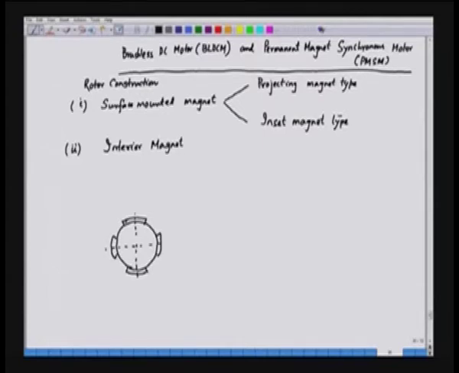So, these are basically the magnets. And the stator is around this rotor. So, we have the stator structure like this. This is a projecting magnet type motor. So, we are talking about the surface mounted magnet.